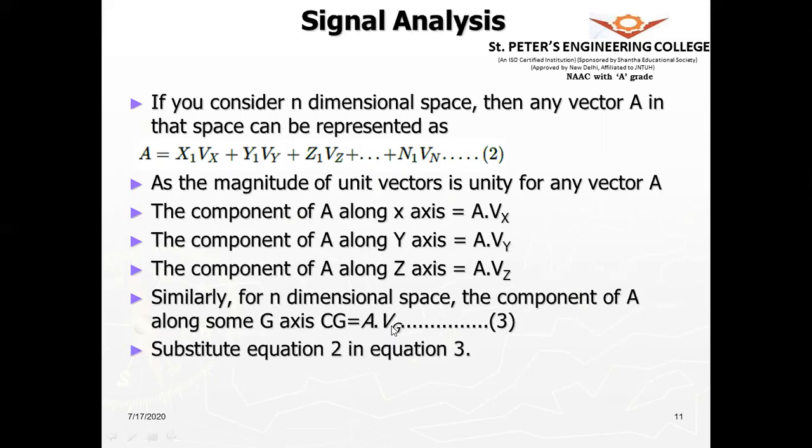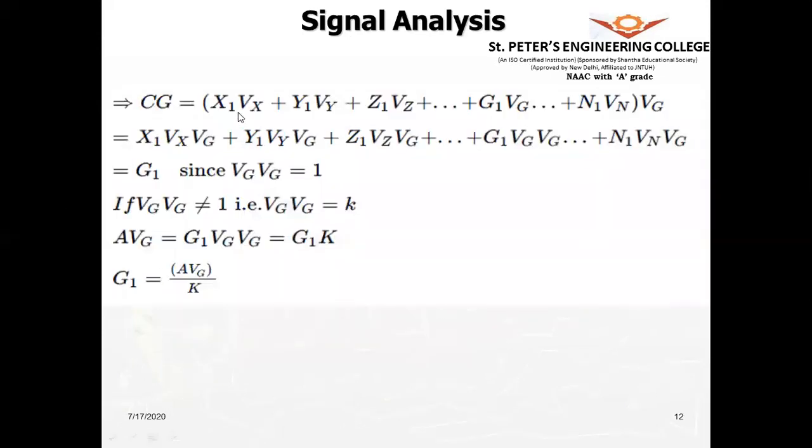So we want to compute what is Cg here. By substituting equation 2 into equation 3, we get Cg is equal to x1 Vx plus y1 Vy plus z1 Vz plus etc. plus g1 Vg, that is the arbitrary unit vector Vg we are considering, plus n1 Vn into Vg.